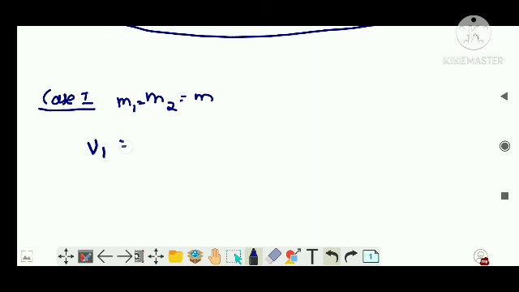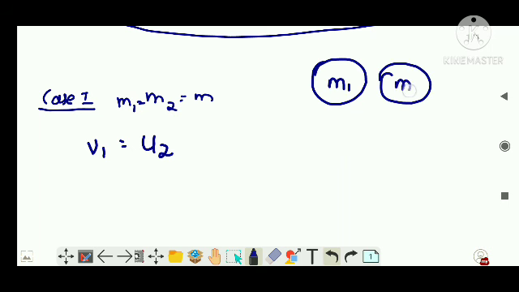So you will get V1, the final velocity of the first mass, is equal to U2, the initial velocity of the second mass. See, initially this is M1, this is M2. Let's make both of mass M. This one was moving with U1 velocity, this one with U2 velocity, and they undergo collision.